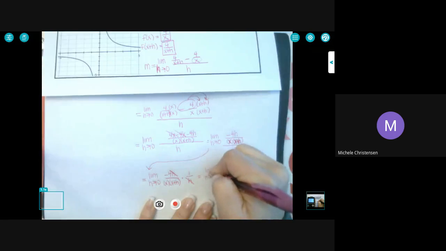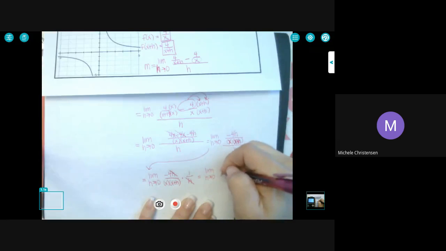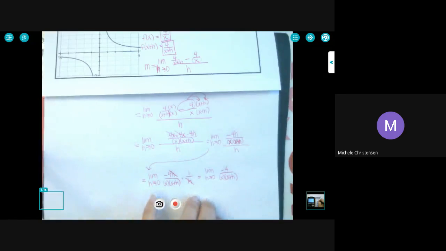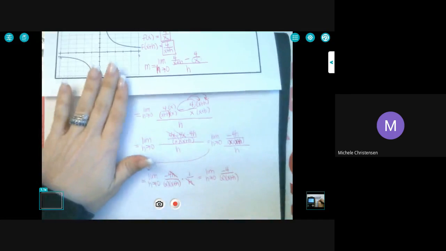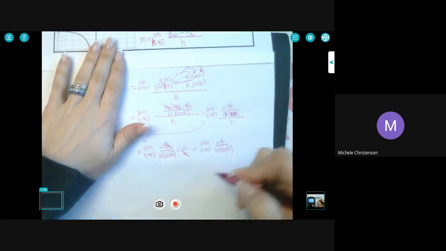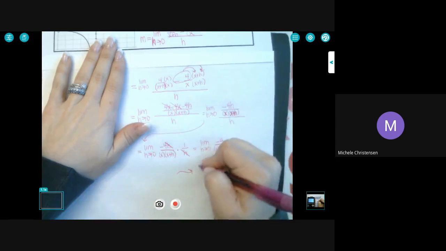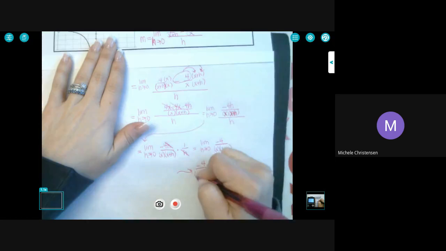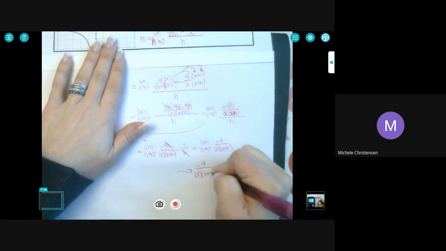All right, so what are we left with? Just -4 over x times x plus h. Okay, so now we are ready and prepared. We can evaluate the limit here using direct substitution. So I'll just plug 0 into this fully simplified expression that I've gotten. So -4 over x times x plus 0.